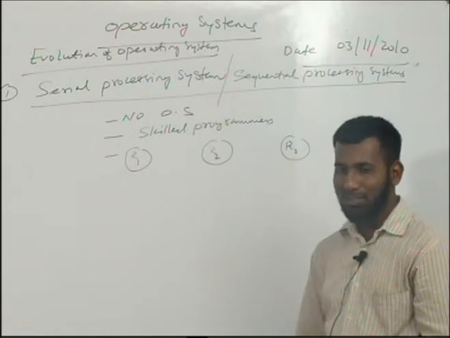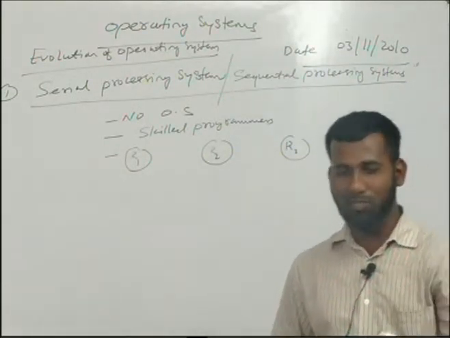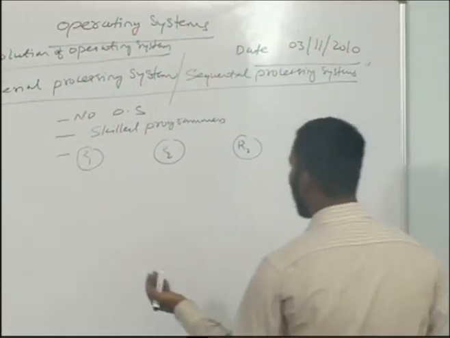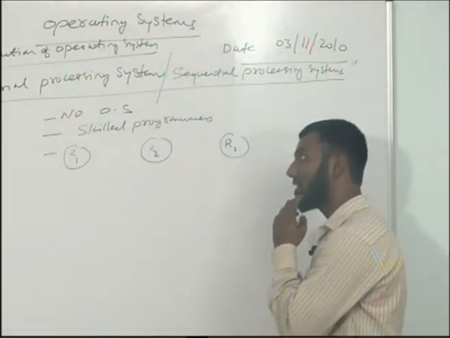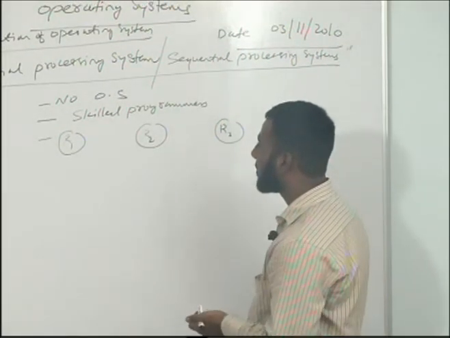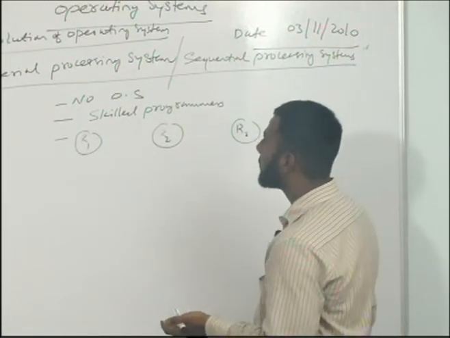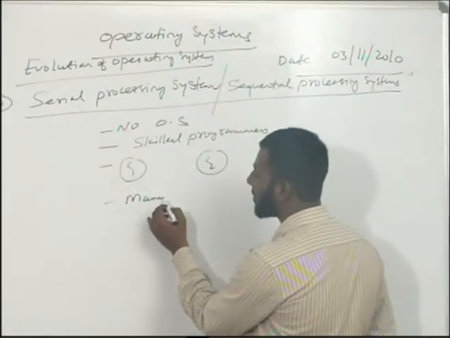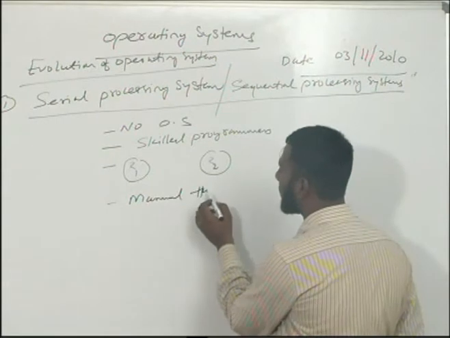The person who wants to execute this job has to move between these rooms. And imagine what happens in case of any error: again, he has to repeat all the tasks. So there was a lot of manual human intervention.